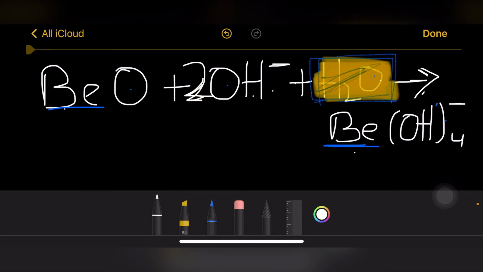It's balanced now. So that's how you balance it.